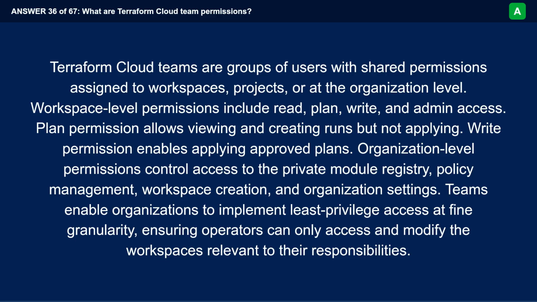Write permission enables applying approved plans. Organization-level permissions control access to the private module registry, policy management, workspace creation, and organization settings. Teams enable organizations to implement least privilege access at fine granularity, ensuring operators can only access and modify the workspaces relevant to their responsibilities.